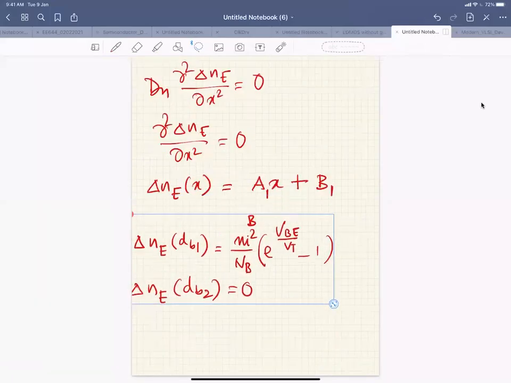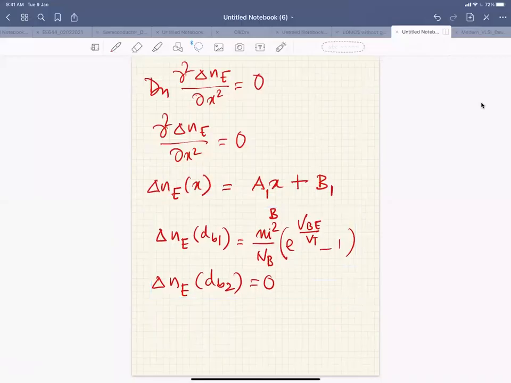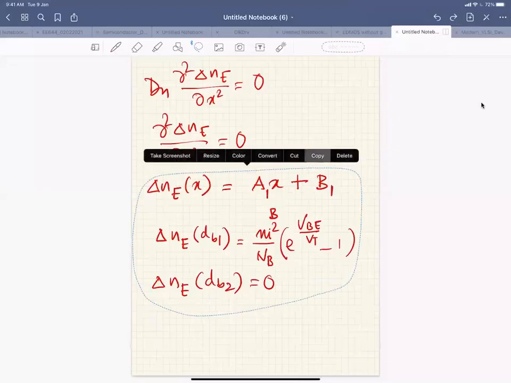I have this boundary condition with me, right? So then if I do that, then my Ni square... Okay, let me take it to the next slide so that I'll have space to write down the equation.